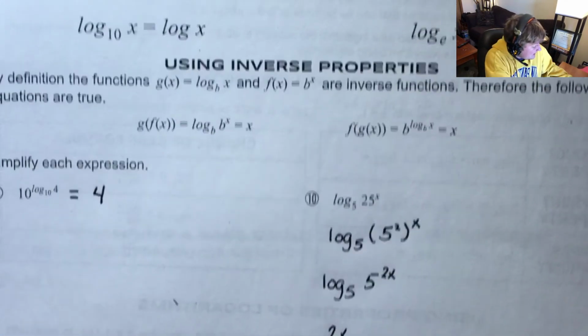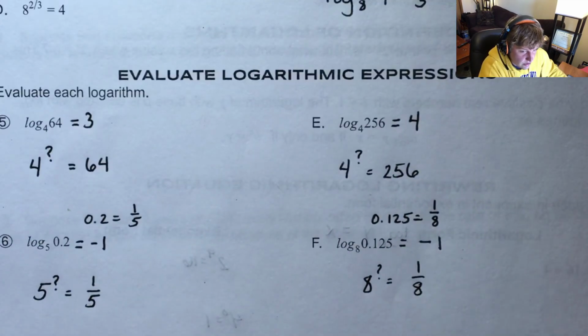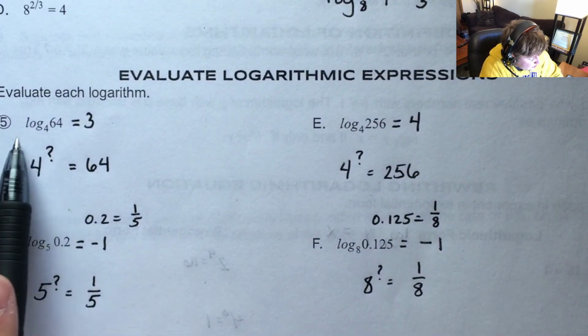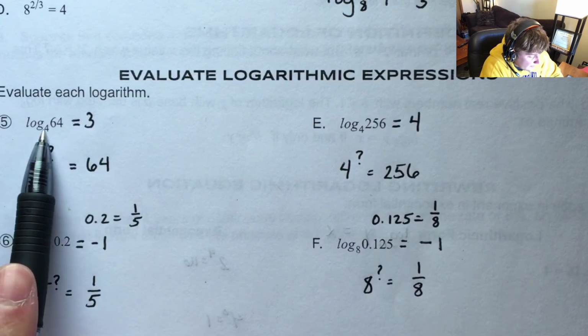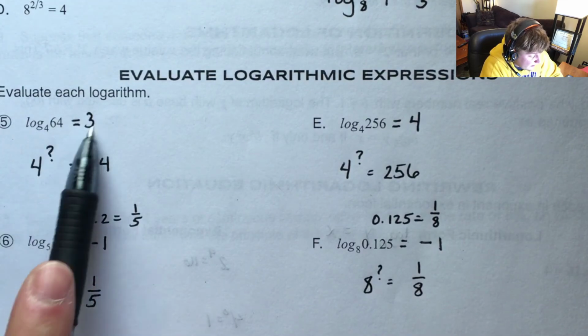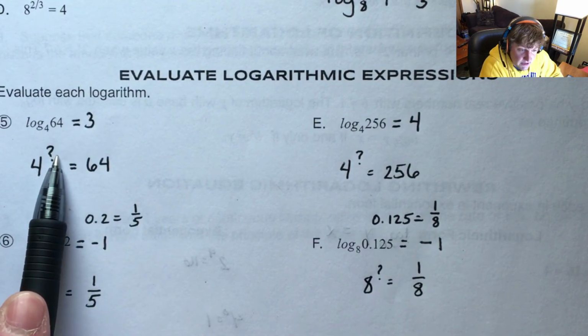So again, looking back at our learning targets, we needed to be able to evaluate logarithms. As I evaluate logarithms, we're looking at ones where there's no equal sign and it's just like log base 4 of 64. We have to figure out what that exponent would be.